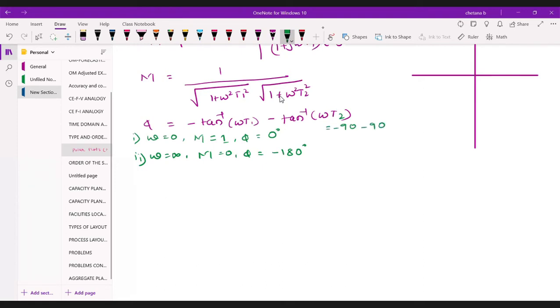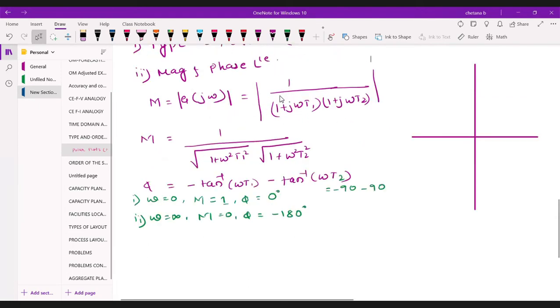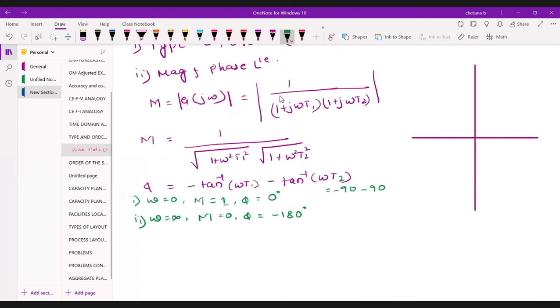Coming to the plot here. If you segregate or take this as T0, T1, T2, T3, O1, O2, O3, O4, where does it lie? This is type 0, order 2.